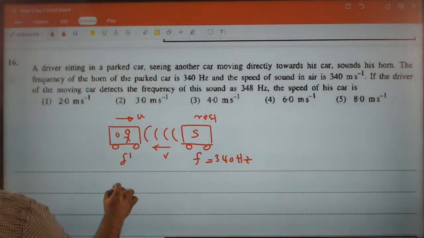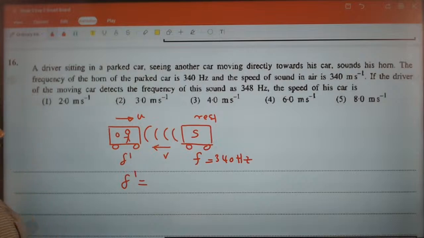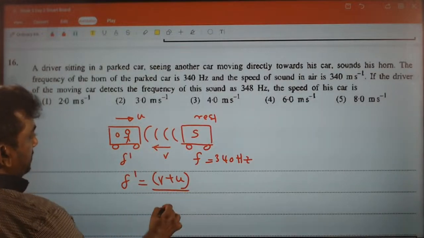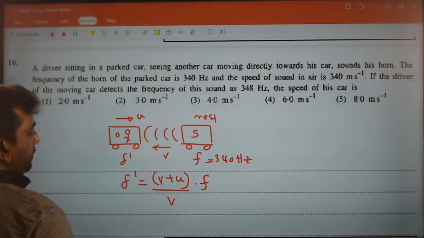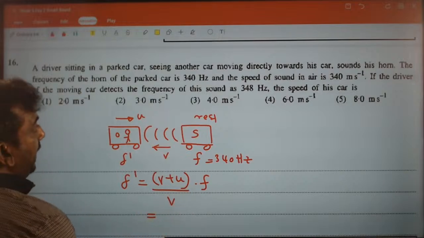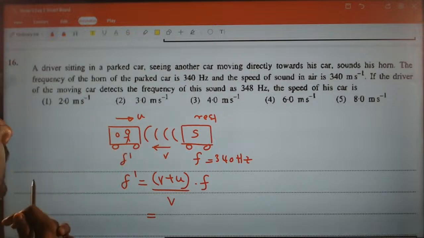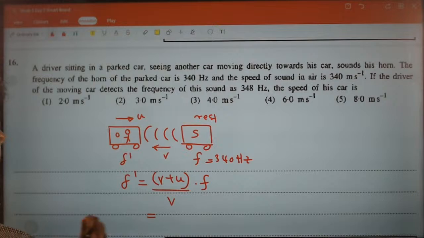So you all know the rule. Velocity of sound with respect to observer, v plus u. Velocity of sound with respect to source, v, into actual f. Here velocity of sound in air is given, 340.